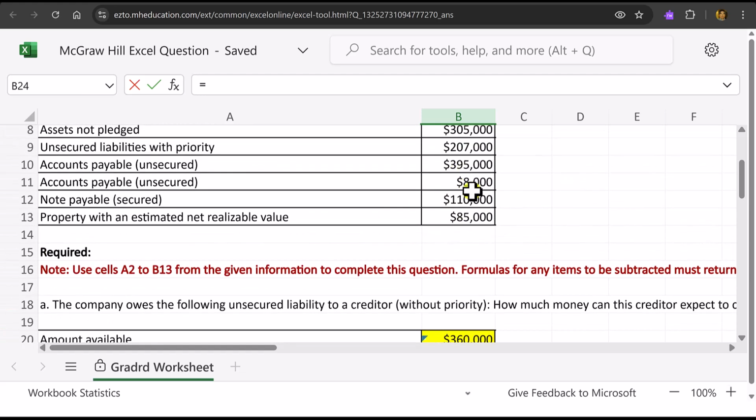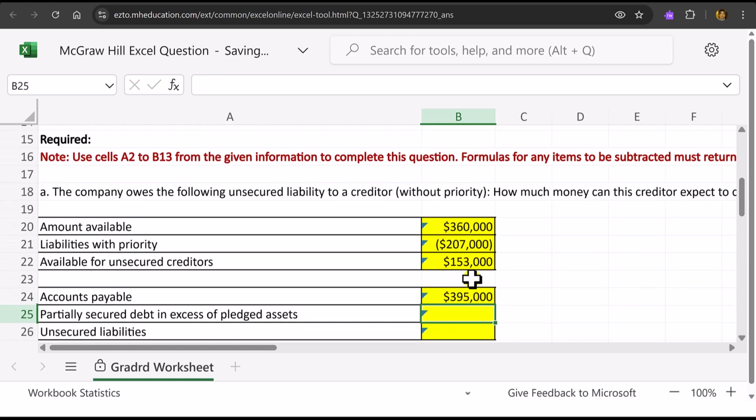Accounts payable. Not this 8. Yeah, this 8 is already included in this 395. And then to that 395, we have to add in the amount still owing to the partially secured creditors. So let's get that amount in.